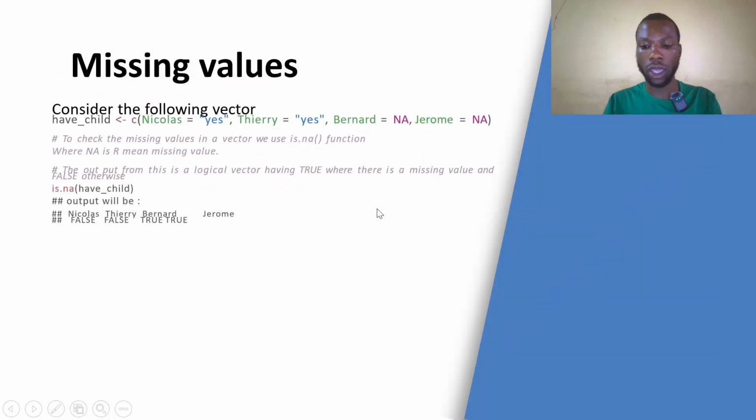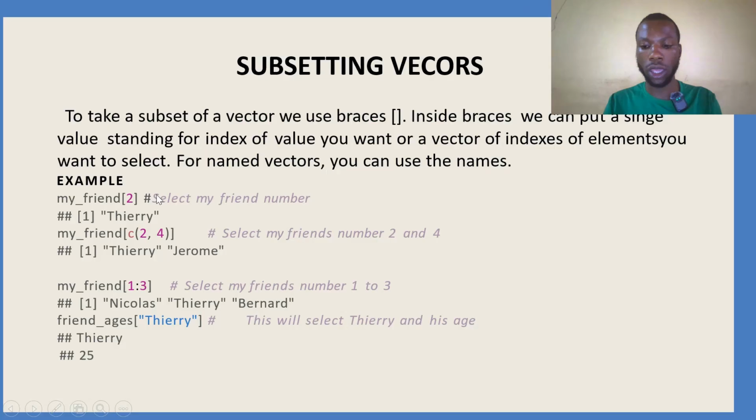And also here there is another way of checking the missing value. This is also the missing value. So the function we normally use when we are checking the missing value is is.na.